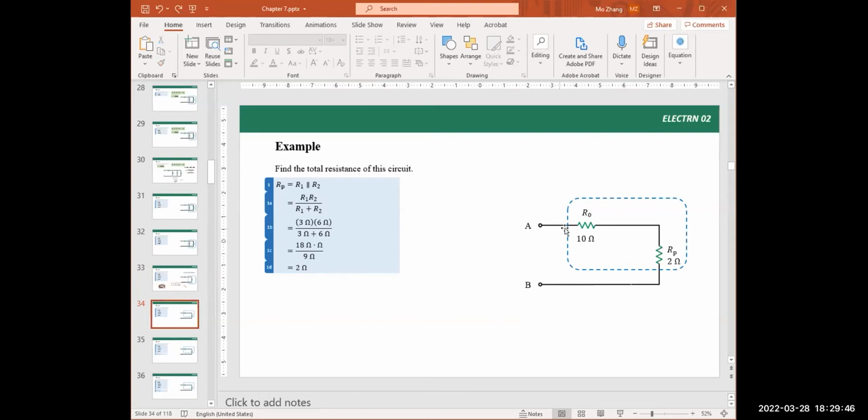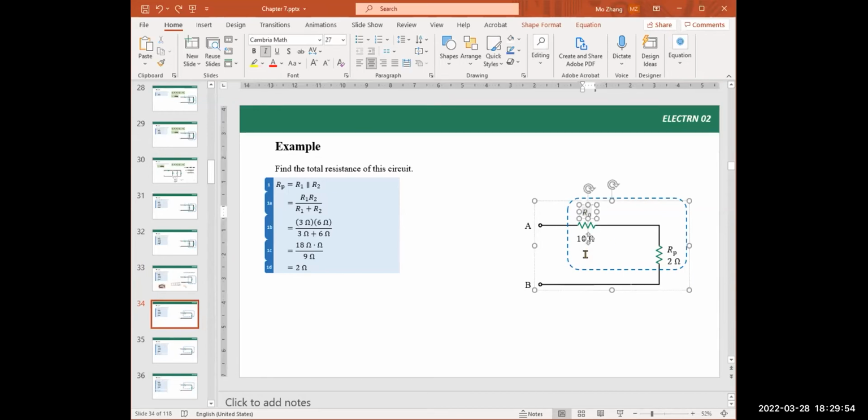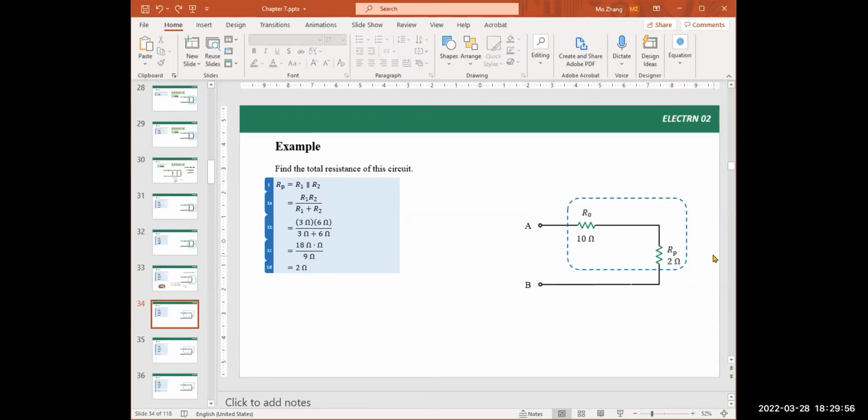So if you look at these two resistors, the newly combined resistor RP with the original resistor R0, they are in series, like the two links connected using the strings. So here R0, RP, they are connected in series. For series connection, the total resistance is easy.